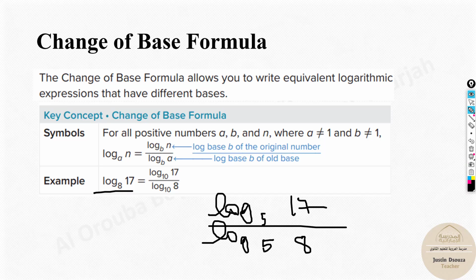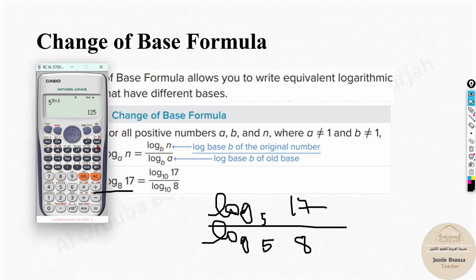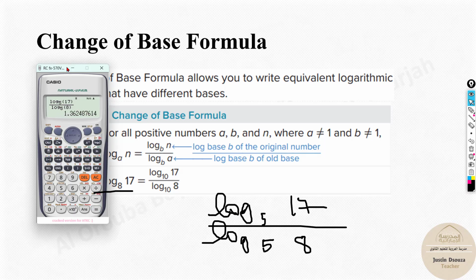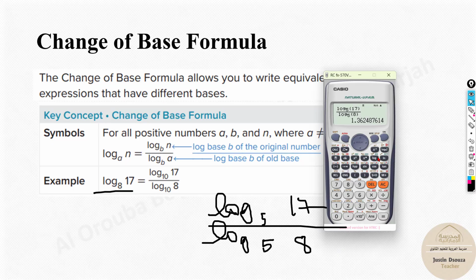Even this is the same. You can try this. I will just show you over here, log base 5 of 17, and over here log base 5 of 8. Okay, the answer is 1.362. Now let's do this one, log base 8 of 17, the answer is 1.362.